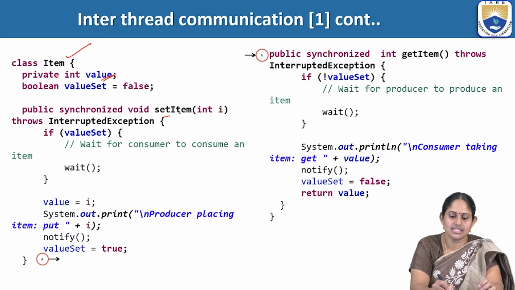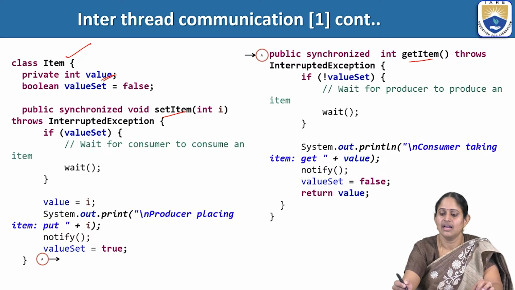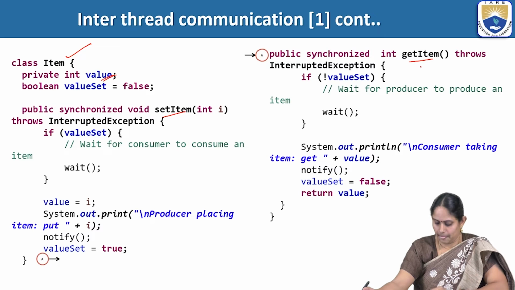And there are two methods, set item and get item. The set item is used by the producer to store the value into the buffer, that means the producer is placing the item into that buffer, and get item is used by the consumer to consume the data from the buffer.